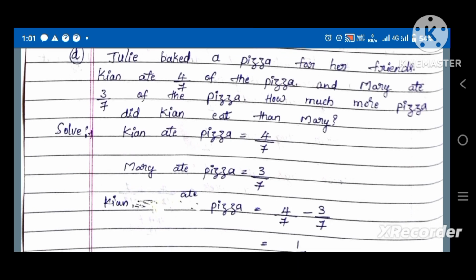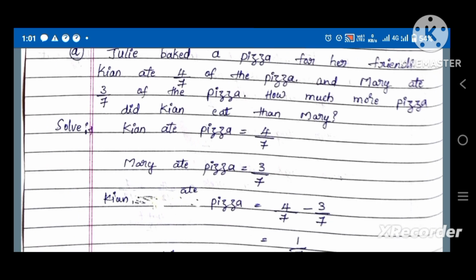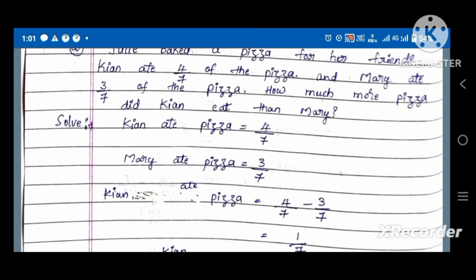Solve. Kian ate pizza is equal to 4 by 7. Mary ate pizza 3 by 7.